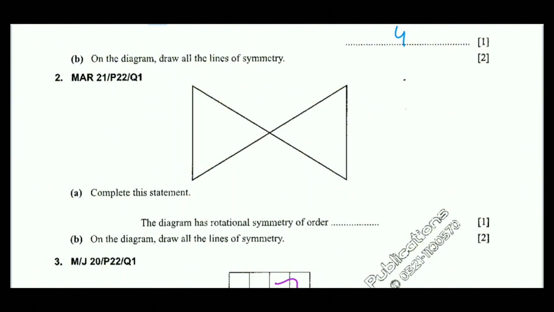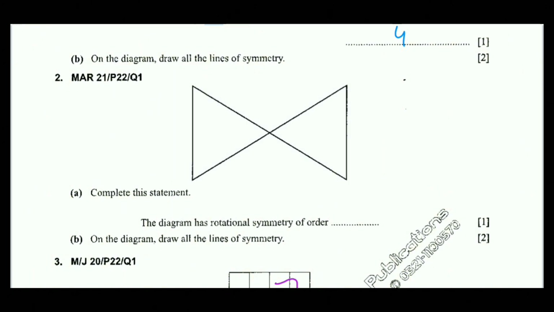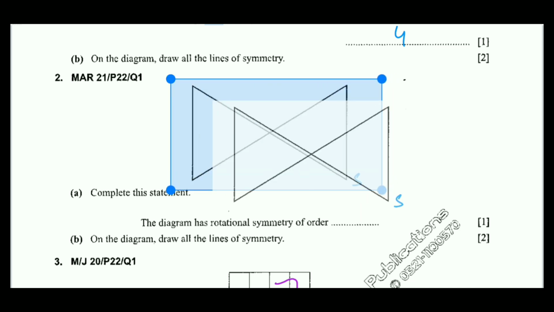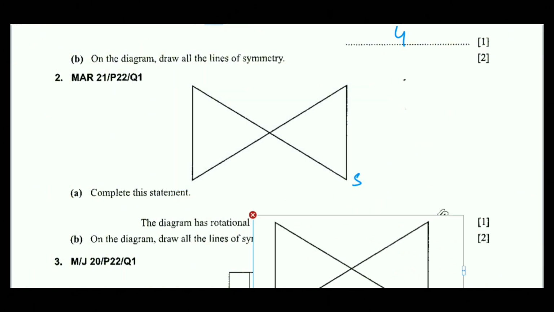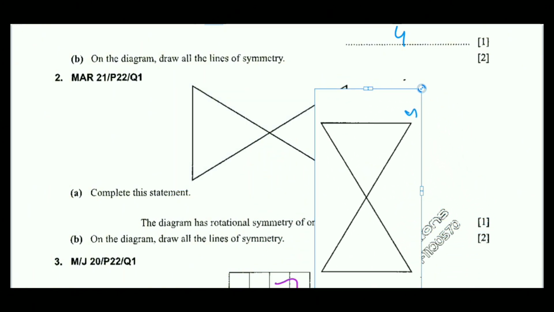Complete the statement: that diagram has rotational symmetry of order. So again you can see how you can check by rotating your page. First of all, write here the starting point. Start rotating your page. So this is not the same shape.